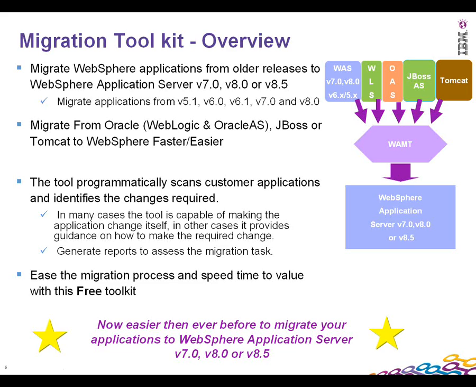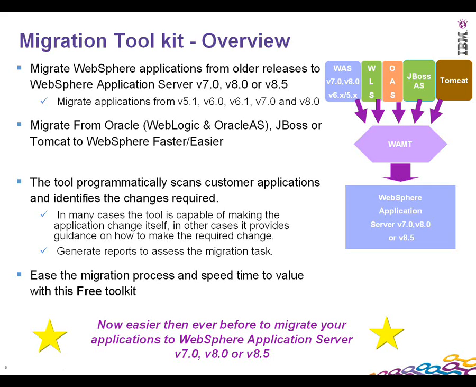So I'm speaking about the diagram given on the right hand side. I'm on slide number 6. The WebSphere Application Migration Toolkit takes the source code either from different versions of WAS, either 7.0, 8.0, 6.x or 5.x, or any of these competitive app servers: WebLogic, Oracle App Server, JBoss, and Tomcat.